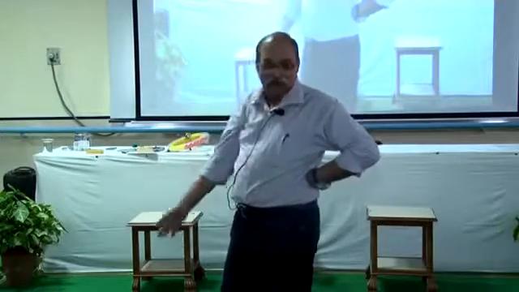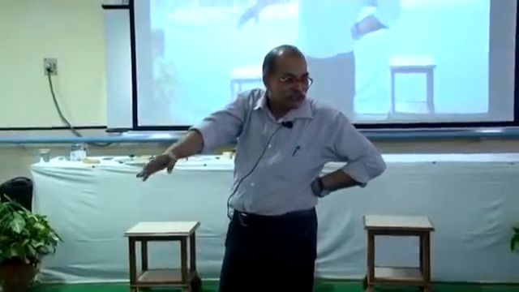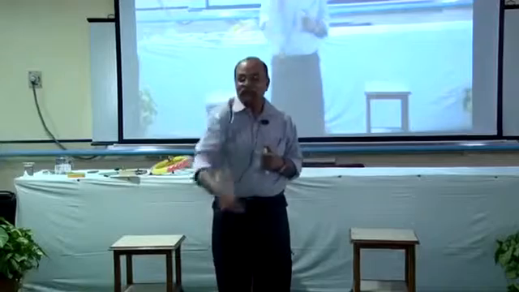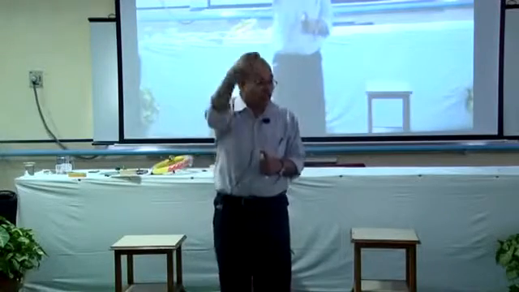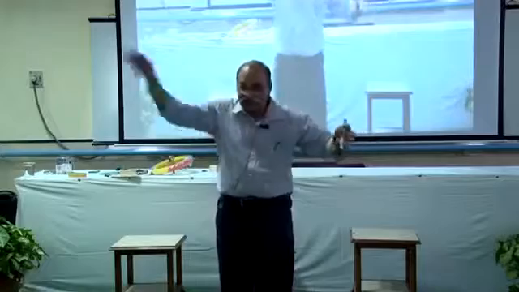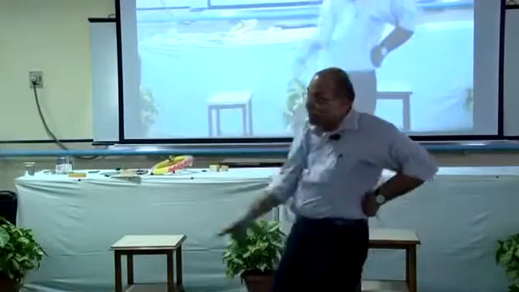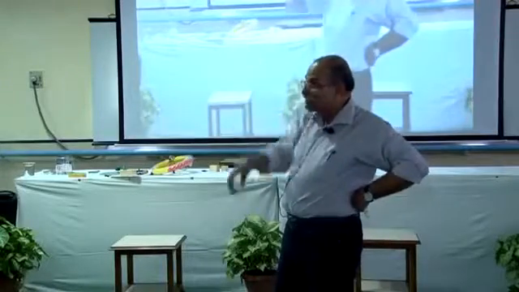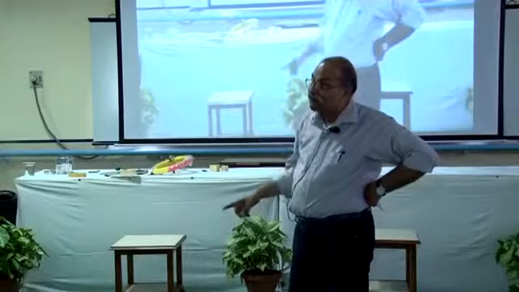Then only I will talk in terms of anti-clockwise or clockwise. Now if it is anti-clockwise, we say that the direction of angular velocity is towards me. If it is clockwise, it is away from me.